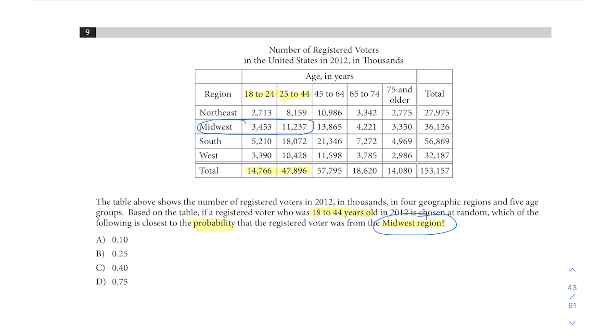So we're looking among those voters just at these groups here. And luckily, this is the calculator section, so we don't have to do a bunch of messy arithmetic. Probability is always going to be equal to your number of desired results over your number of total possible results.